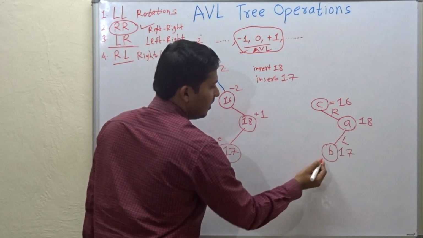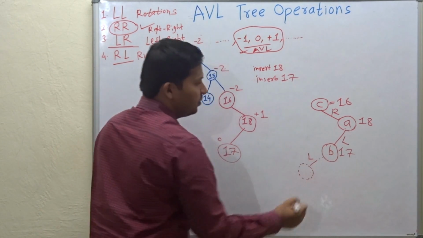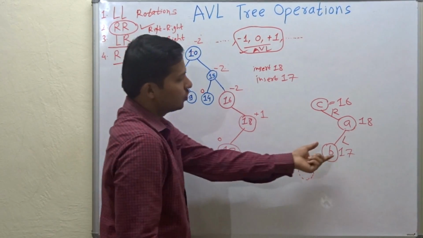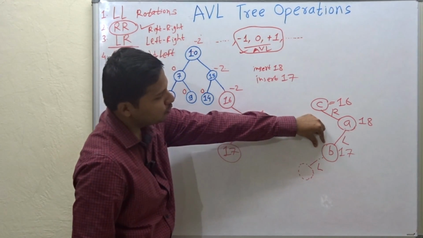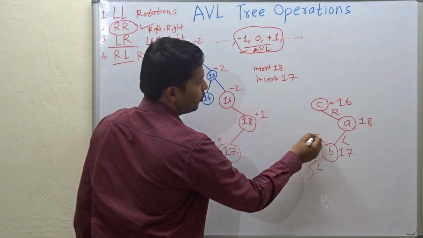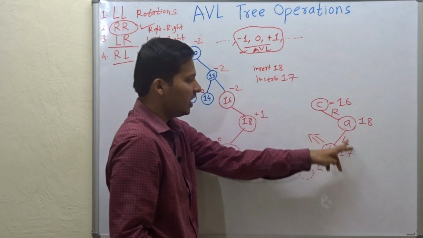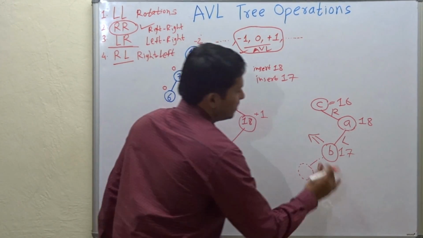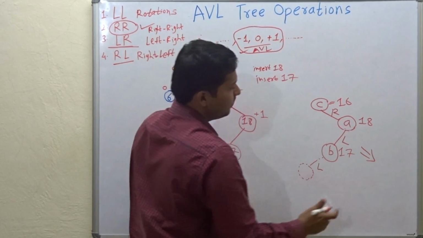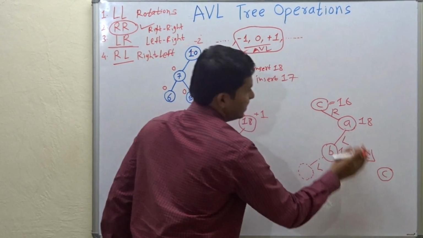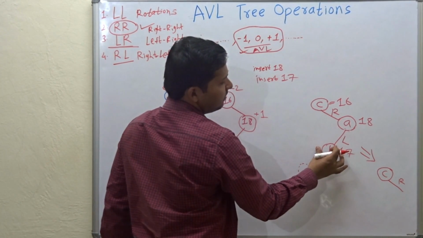First will be LL. Just imagine a node here to the left of B. So this is LL. So for LL rotation, as you know, you have to pull B. So imaginary node will be on left side and A will go on right side. So after pulling B, what will be the situation? C is the first node and to its right B will be attached.